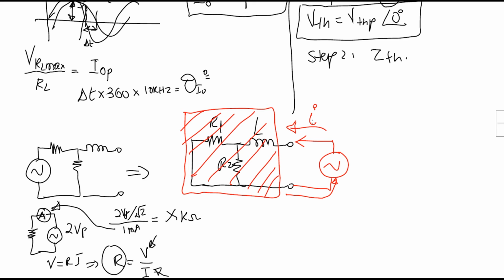Now we know exactly what voltage we are supplying. Let's say, for example, 2 volt peak, at 1 kilohertz, for example, or 10 kilohertz. This will be our reference, so 0 degree.